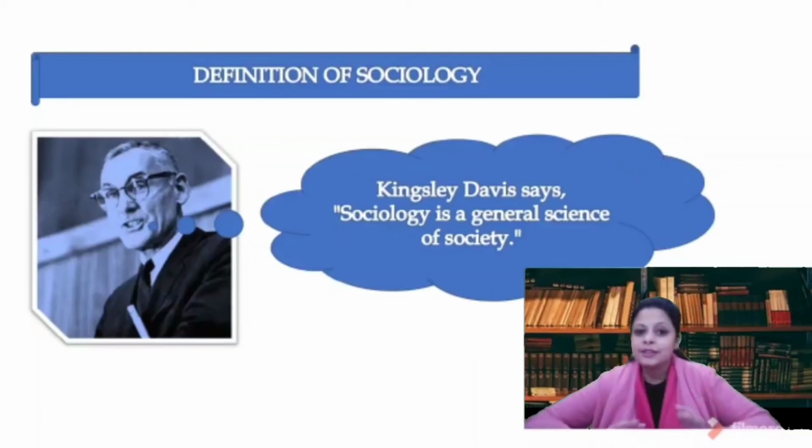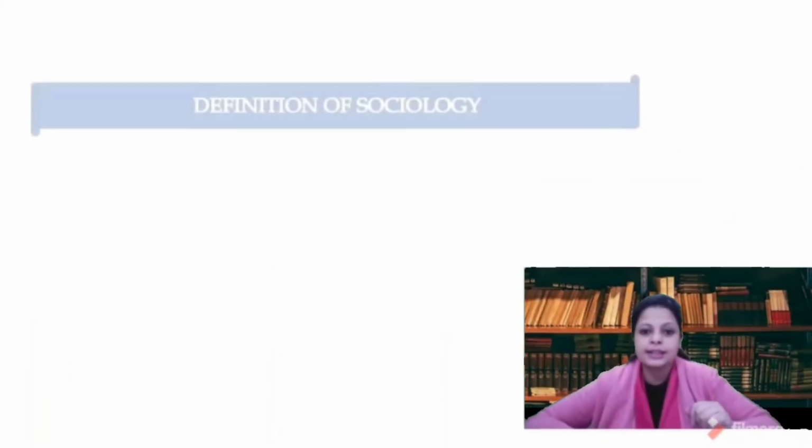According to him, sociology is a general science of society. Now, what is general science? General science is something which has a body of knowledge, which is based on facts. Similarly, he says it is also like a general science, but it is the science of society. So a very simple definition: a general science of society.